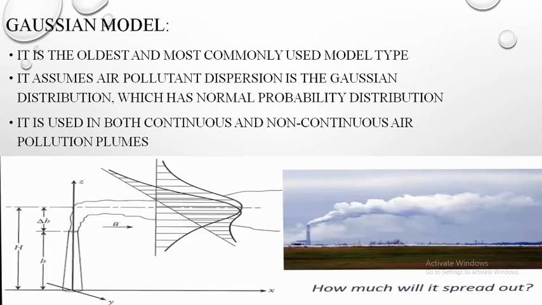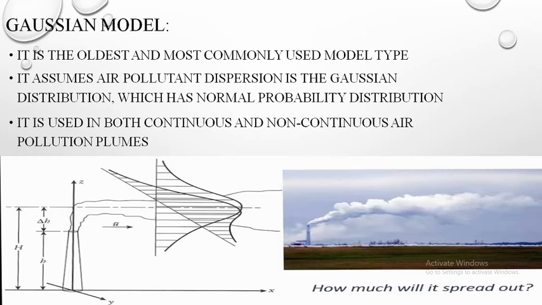Next model, Gaussian model. So this is called diffusion model and dispersion model. It is the oldest and most commonly used model type. In this model, the assumption is that air pollutant dispersion follows the Gaussian distribution, which has a normal probability distribution.